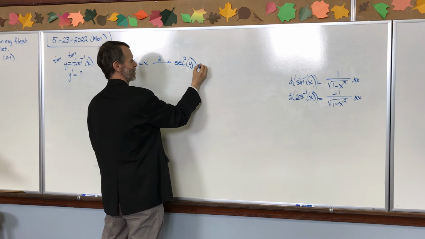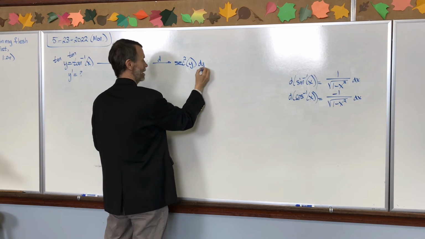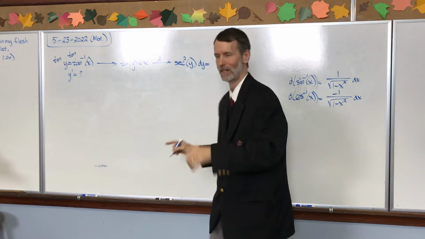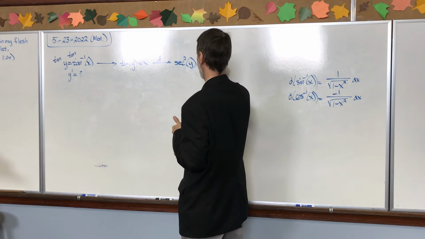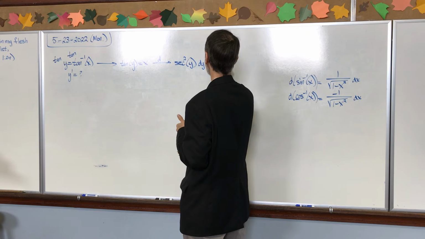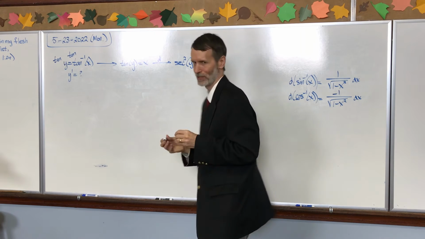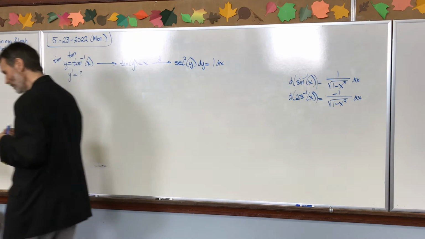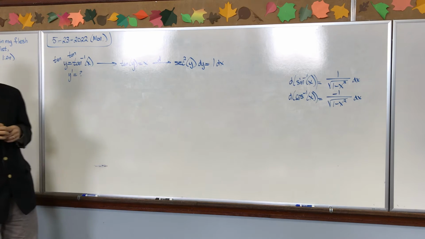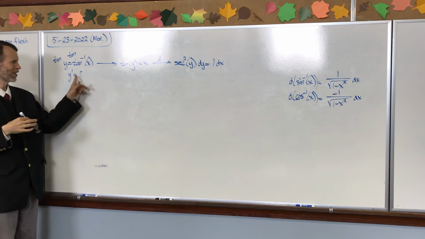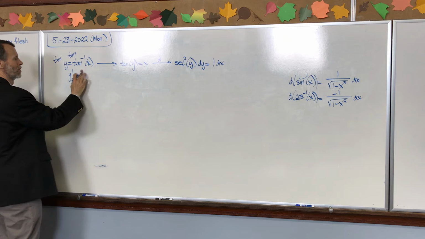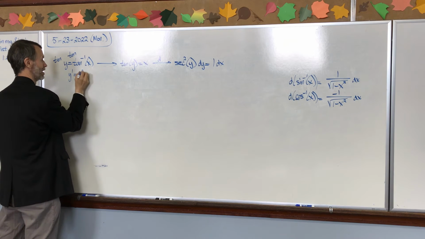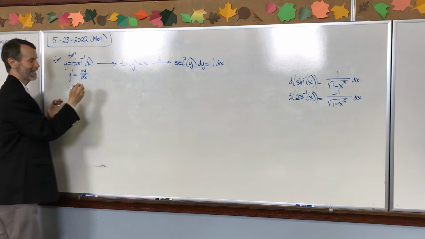Equals. dy equals, what's the derivative of x? Just one. 1 dx. What's another name for y prime? dy over dx. If you can find that, it'll be the exact same answer.